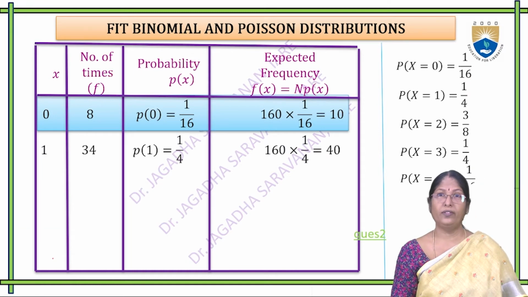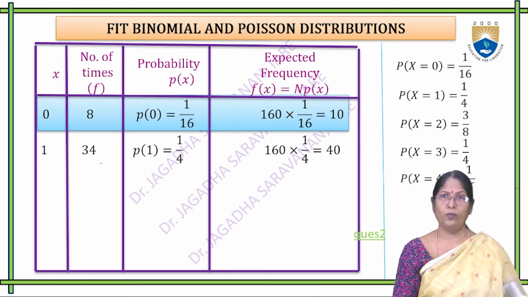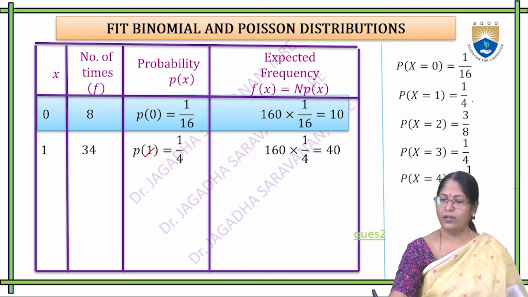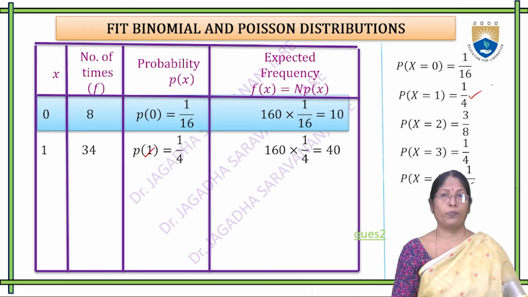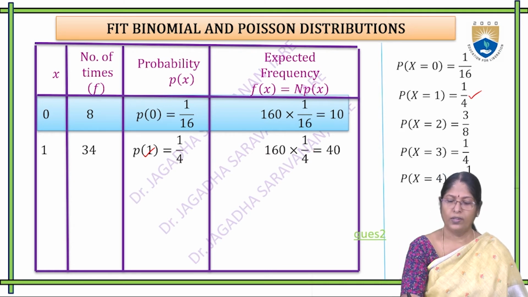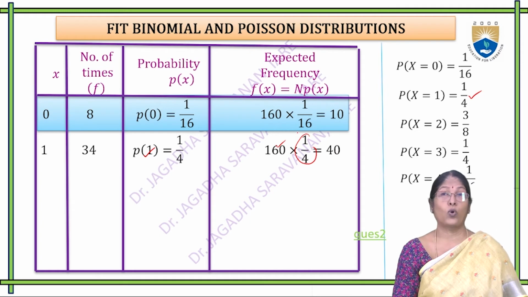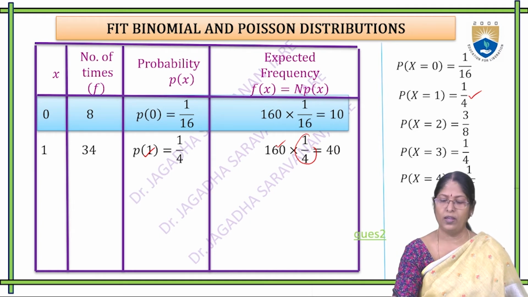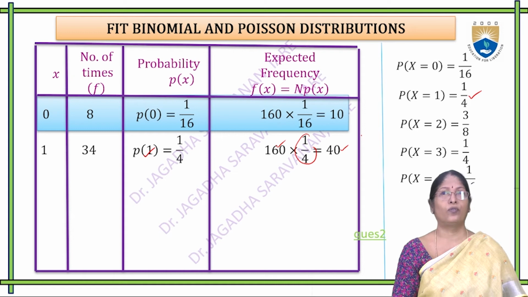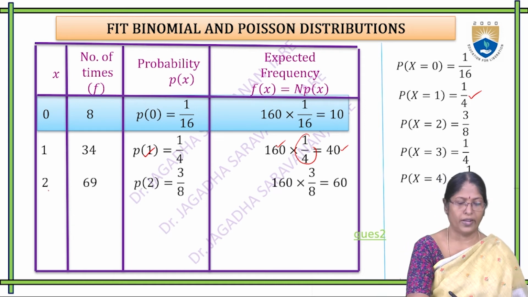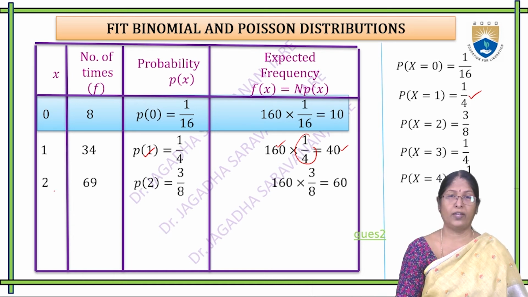The next one is 1 and 34. P of 1, the probability of x equal to 1, is 1 by 4. So the 1 by 4 multiplied by 160, the number of times 4 coins are tossed, we obtained the result 40. The next one, 2 and 69.